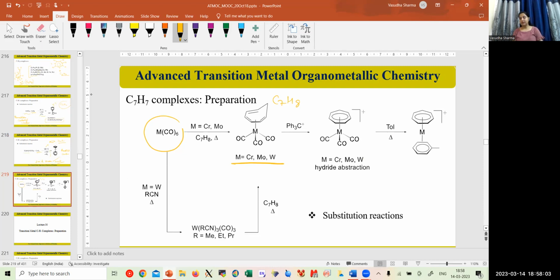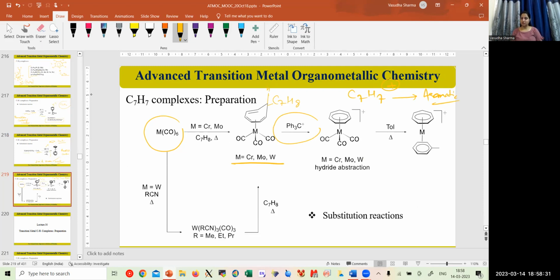Now we have already seen that a carbocation will definitely take up that H from this particular moiety, releasing the positive bond of the metal. Since this carbon is positive, it will take up this particular hydrogen, and therefore in total it will have a positive charge. And as we have seen, C7H7 positive becomes an aromatic species. Therefore, this resonance has come into the picture.